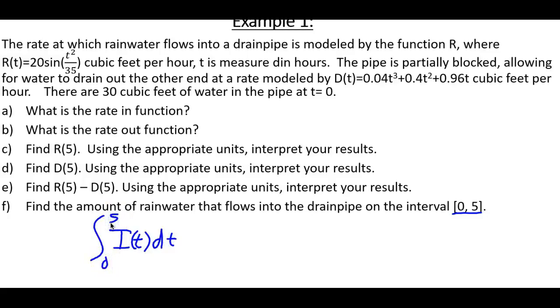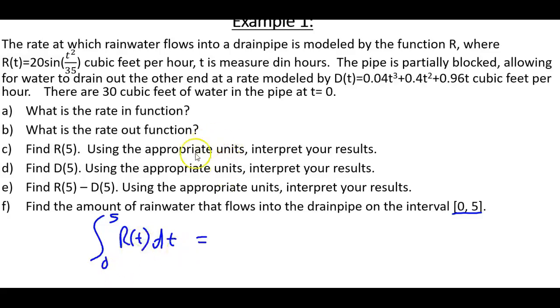I'll use my calculator, but I want the integral of my input. Actually, I should not use I of t here, that's what I used in my chart. Here we're dealing with r of t, so you want to use r, not I.